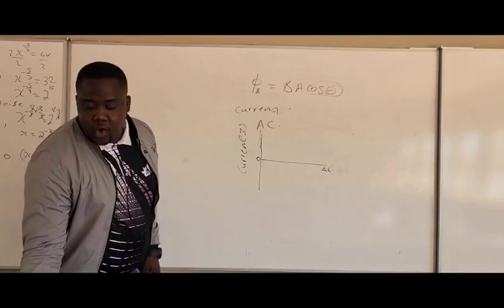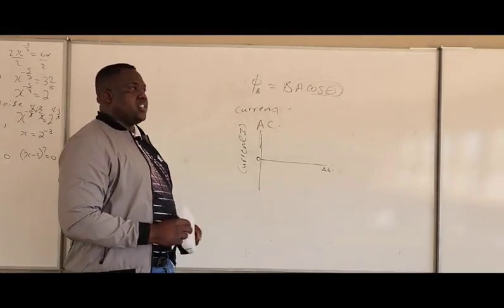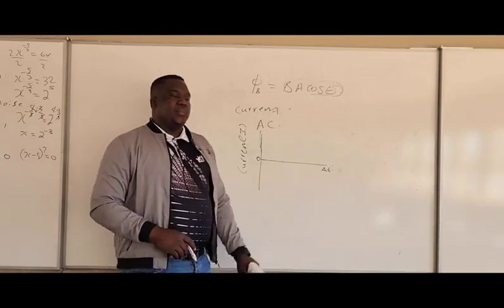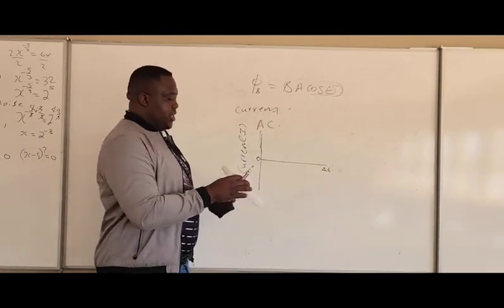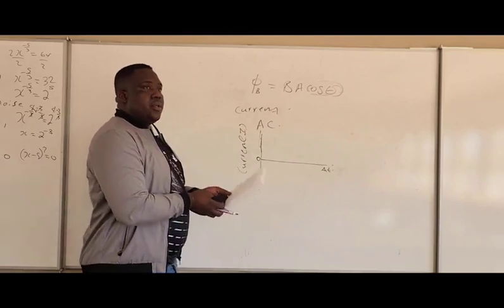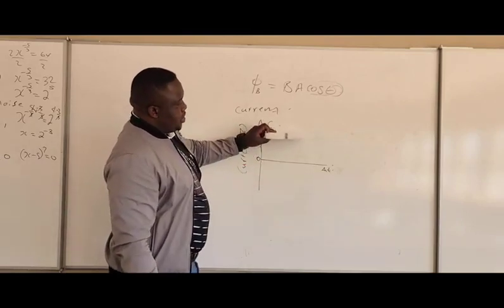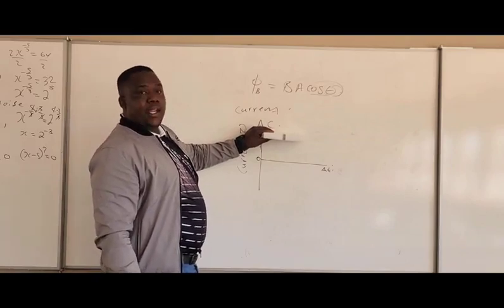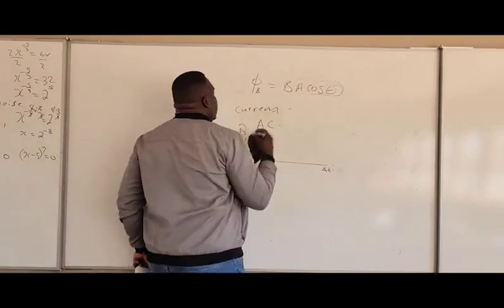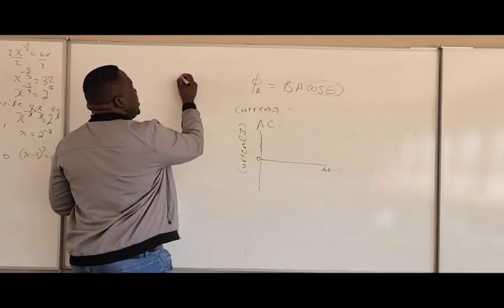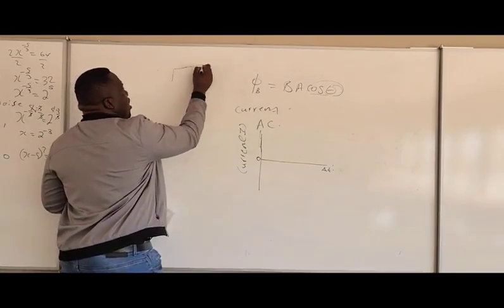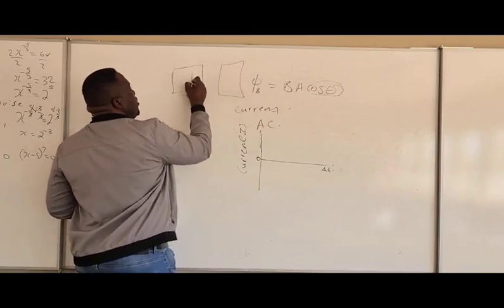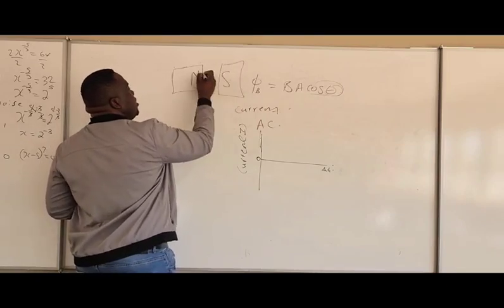So let's say the coil is at this position, because the position of the coil when you draw it is very important. When the coil is at this position, it is parallel to the magnetic field line. Let me represent that here. I'm having two magnets, north this side and south this side.